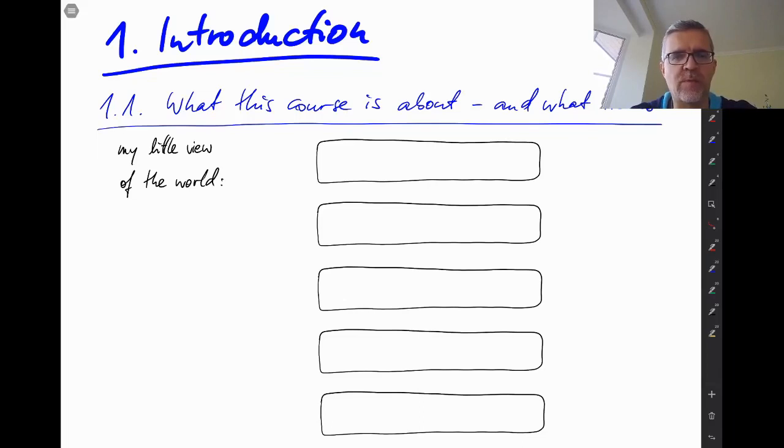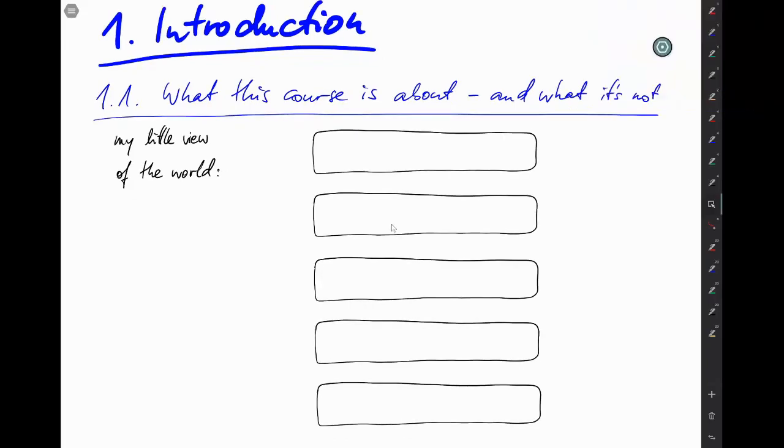And then there will be chapter 2, which is a crash course into functional analysis. Why we need functional analysis and what it really is will become clear in the next minutes. And chapter 2 will take us probably 4 or 5 weeks, I guess. So this is quite a serious bit of this course.